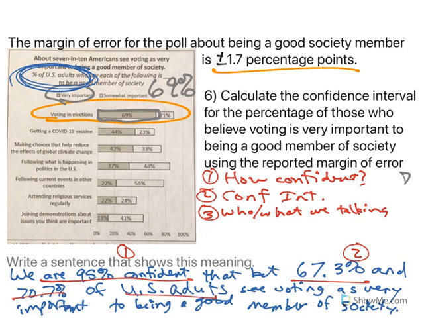In this case, it's U.S. adults, which is usually your population. And four, what are they doing? In this case, they're being a good member of society. So what you want to say is, I am 95% confident that this is my confidence interval of the U.S. adults and they're being good members of society. You want to put all of those pieces together to create a meaningful sentence that shows information about your confidence interval.